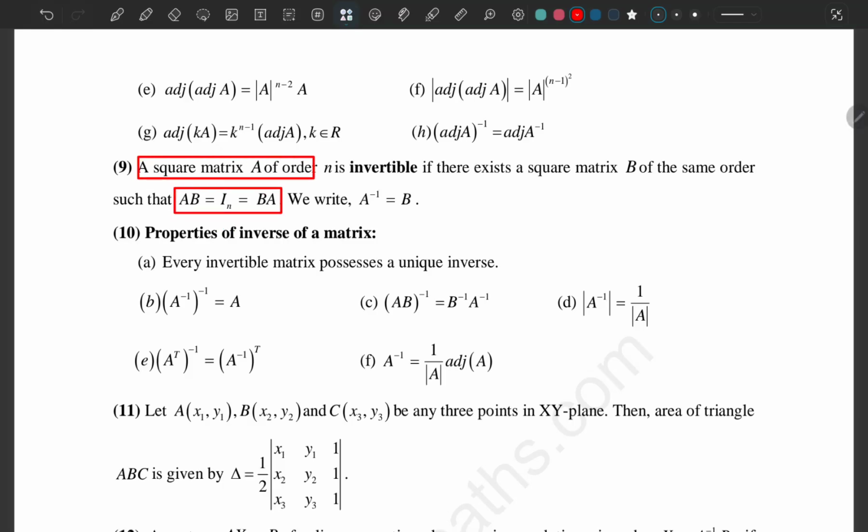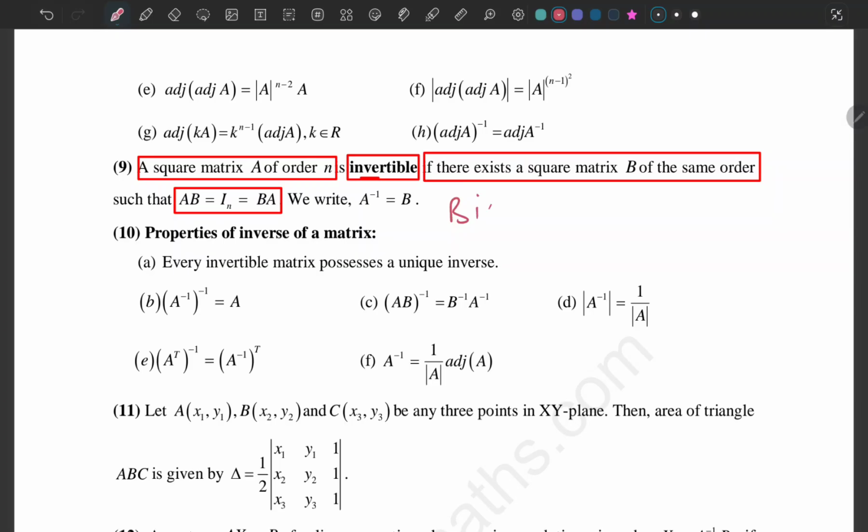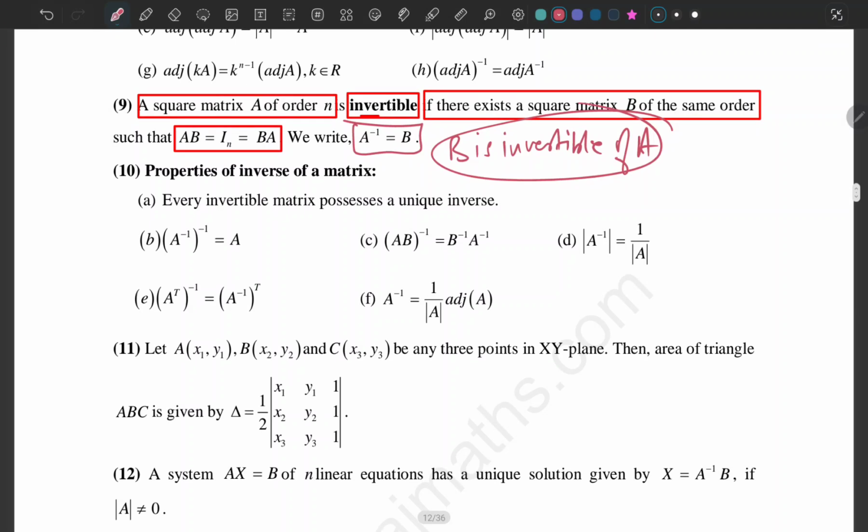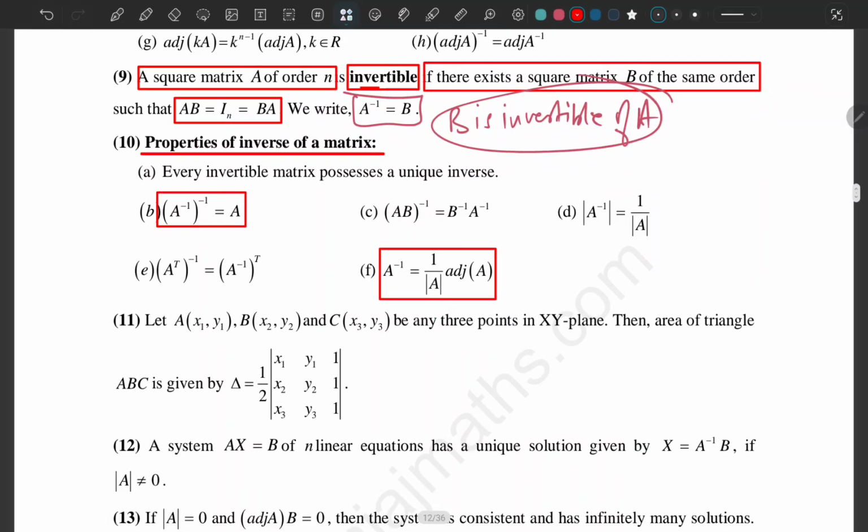A square matrix A is invertible if there exists a square matrix B of the same order such that B is the inverse of A. Then we talk about inverse matrix. Most importantly, this is the formula for inverse matrix: adjoint of A over the determinant of A. Or maybe you can remember these formulas, because yeah, they are important.